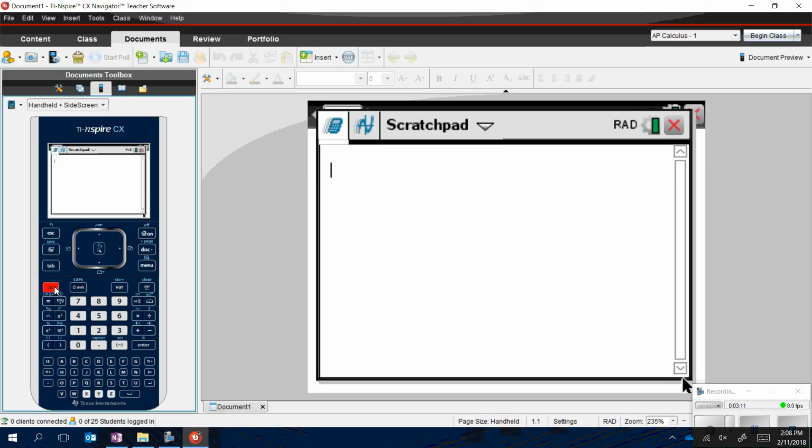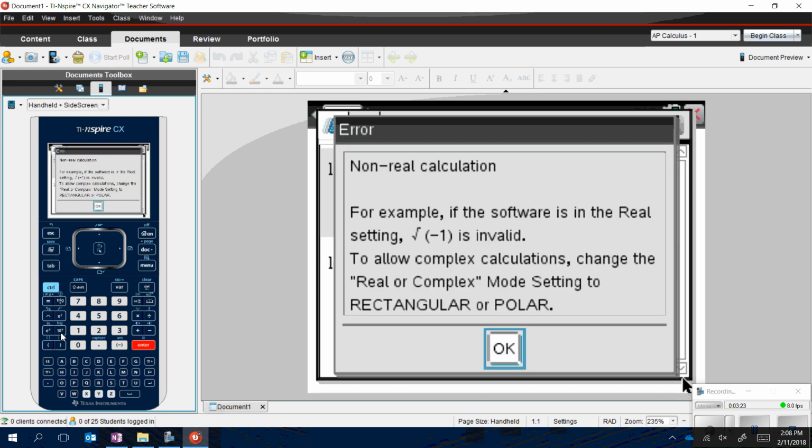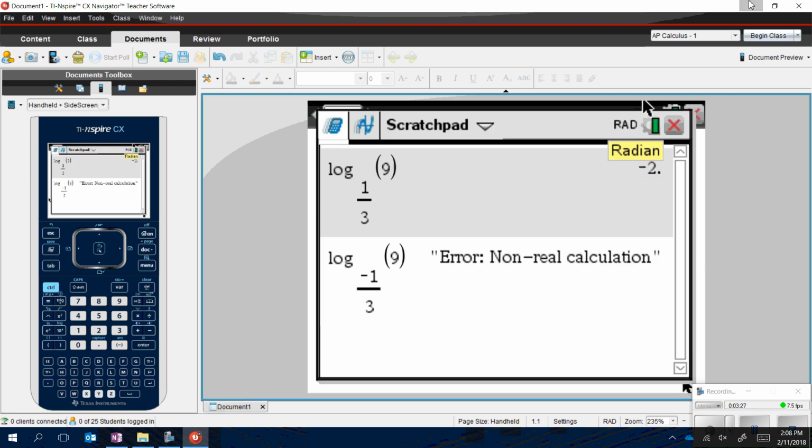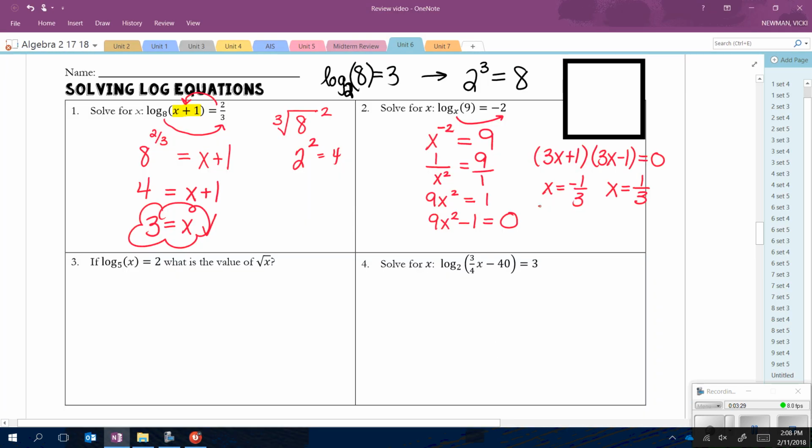So log base 1/3 of 9 is -2. Good. Log base -1/3 of 9 is an error. It's a non-real calculation. So I know that -1/3 is not an answer. The only answer is 1/3.